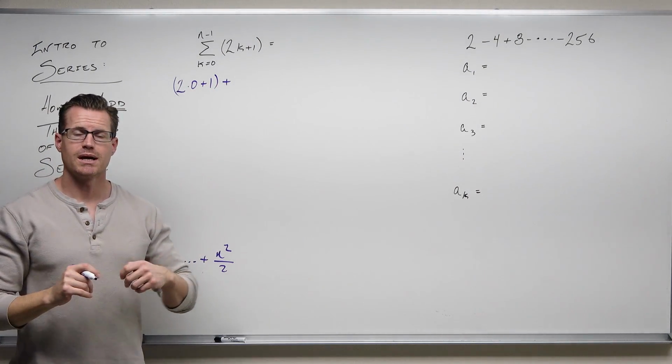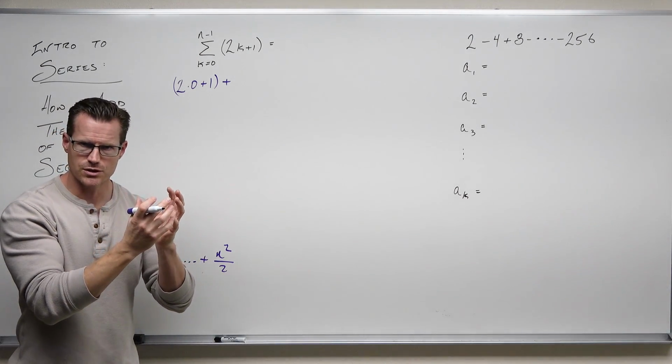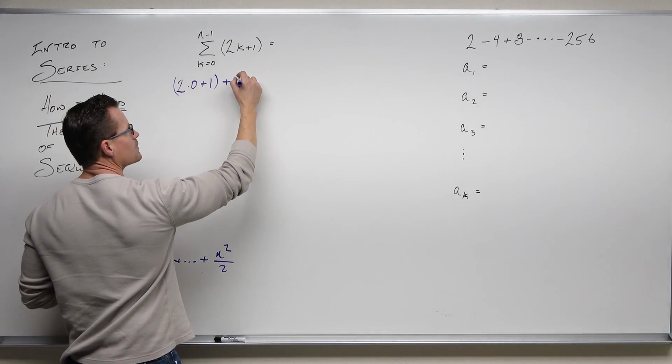The next term would be, I'd plug in 1, then I'd plug in 2, then I'd plug in 3. It would give me another term for each of those inputs.